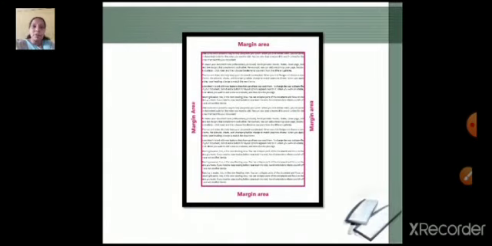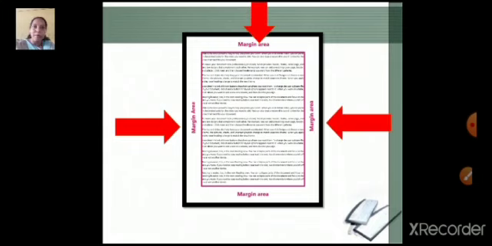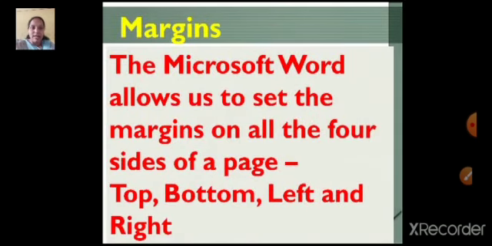Microsoft Word provides us with top, left and right margin, top and bottom margin. So we get 4 sides of margin in Microsoft Word. We can set that margins. The Microsoft Word allows us to set the margins on all the 4 sides of a page.